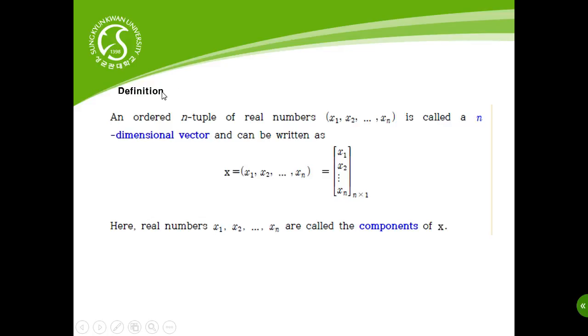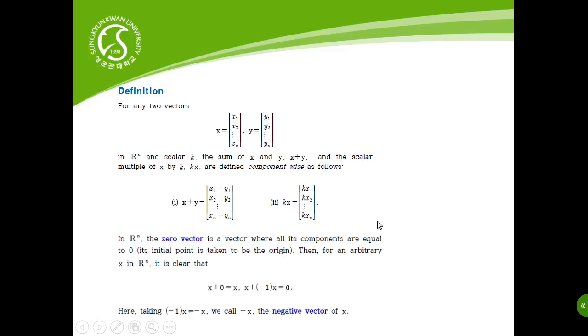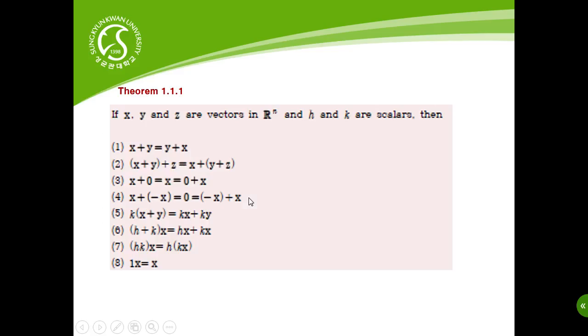And we generalize the concept to n-dimensional vectors, the same thing. And each entry is called a component of a given vector. And two vectors are equal if the sizes of the two vectors are the same and each entry is the same. Vector addition and scalar multiplication are similarly defined, like what you already know.